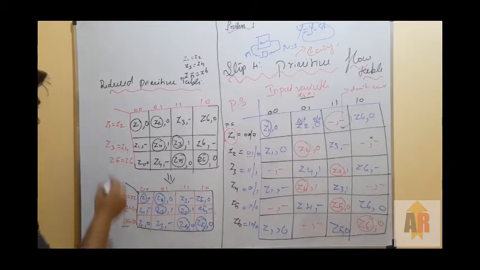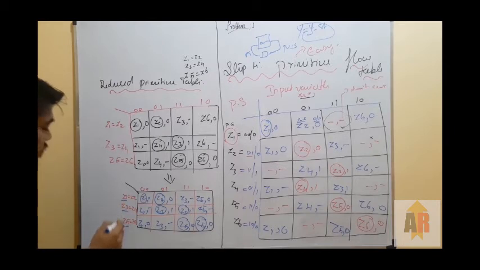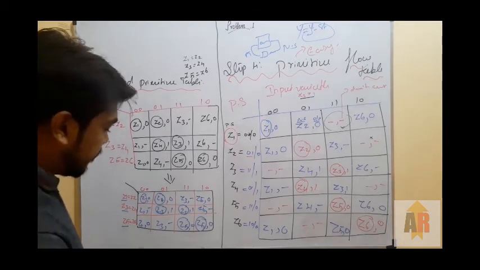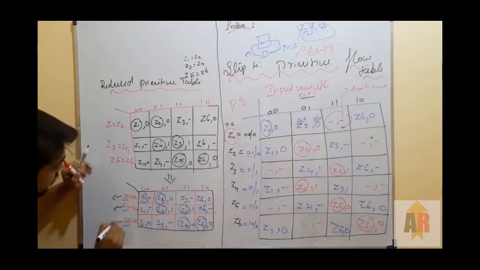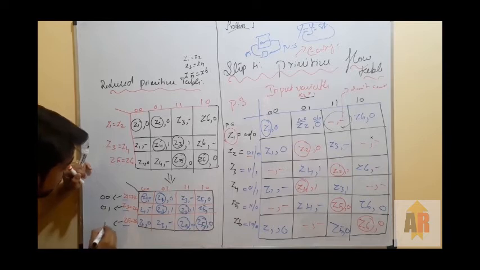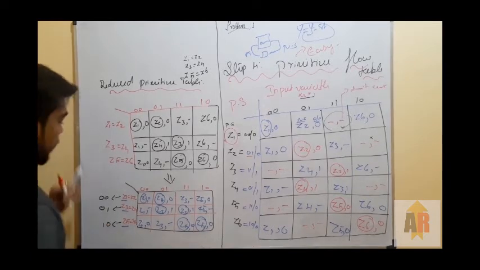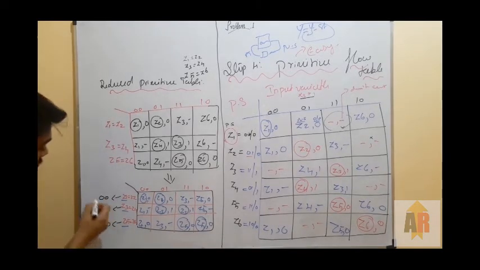These are the available states, that is Z1, Z3 and Z5, and because of that I will also name them 0 0, 0 1 and 1 0. Still 1 1 is not available, because with respect to 2 bits there are 4 possibilities.